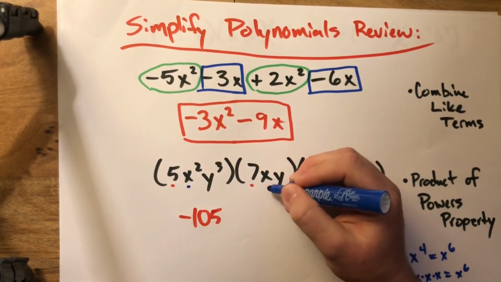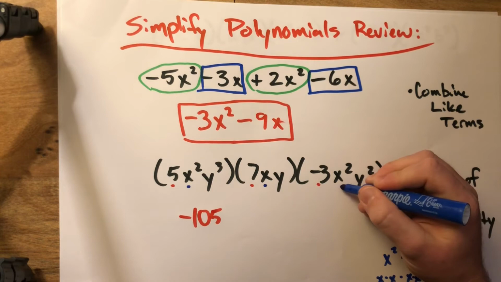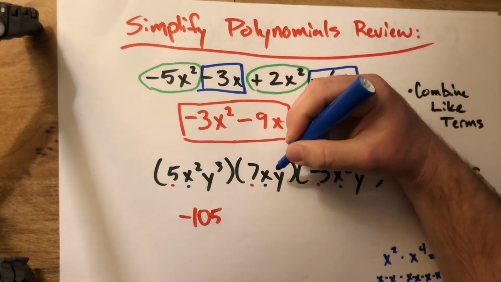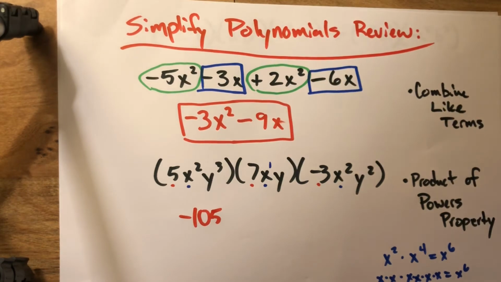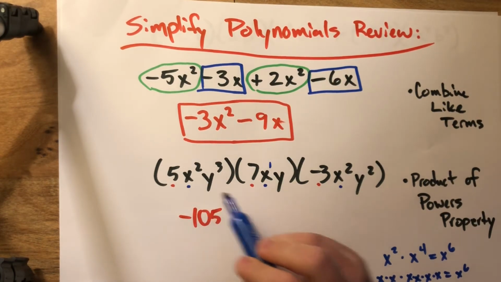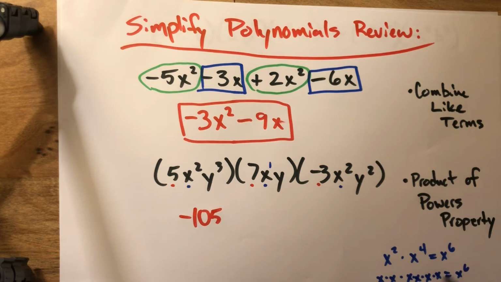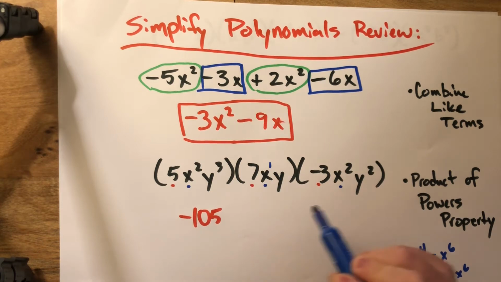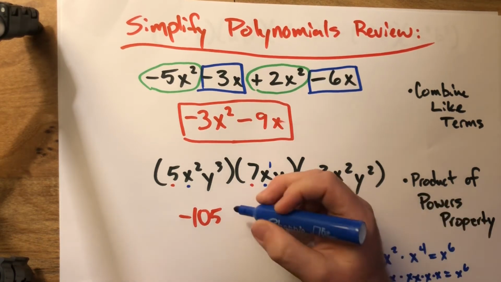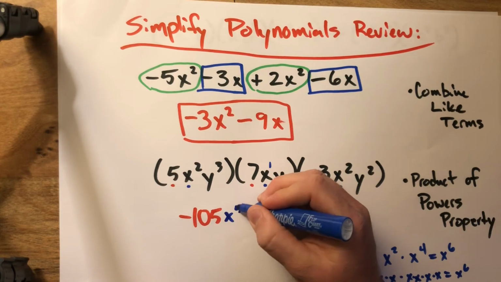This x actually has an understood 1 as its exponent. So if we add all the exponents for our product of powers, 2 plus 4 is 6. If we add 2 plus 1, we get 3, plus another 2 is 5. So that would make x to the 5th power.